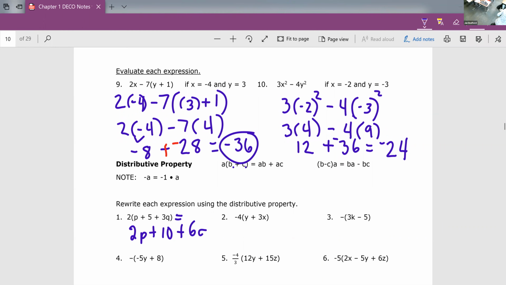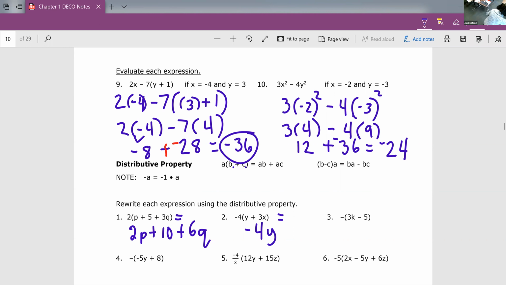Excellent. That's pretty easy. Now, is it a problem if the number that's in front is a negative number? What would we get on number 2? Negative 4y plus negative 3a. Be negative 4y minus... Oh, yeah, gotta multiply the negative 4 into it first. Very good.